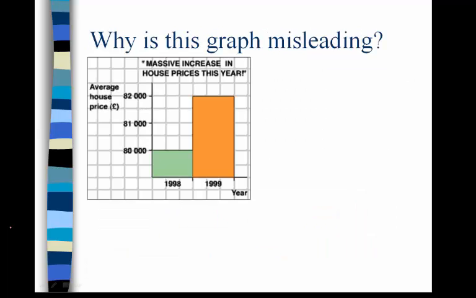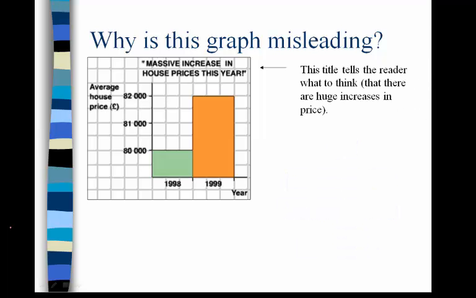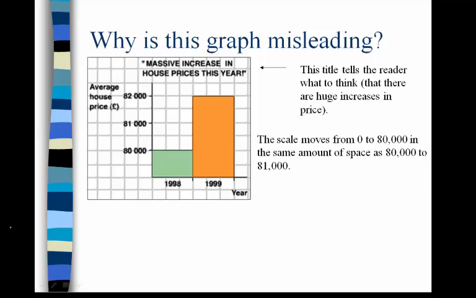Take a look at this graph and see if you see anything that might be misleading. First of all, look at the title. This title tells the reader what to think, that there are huge increases in price. The scale moves from 0 to 80,000 in the same amount of space as 80,000 to 81,000.